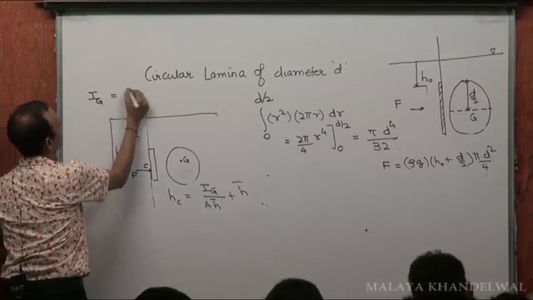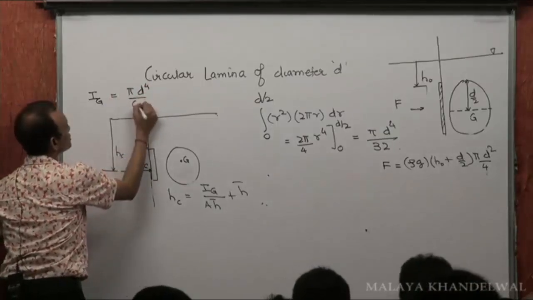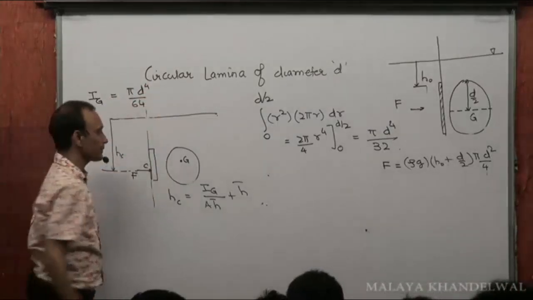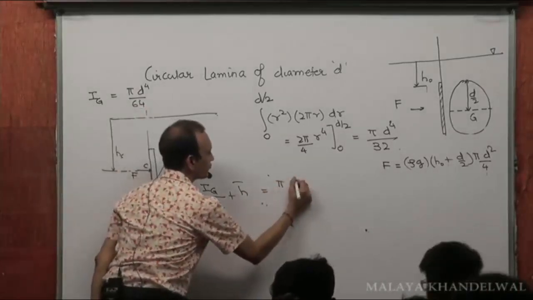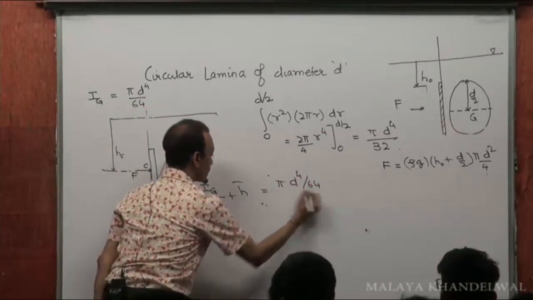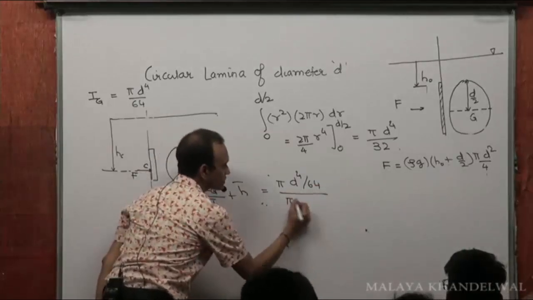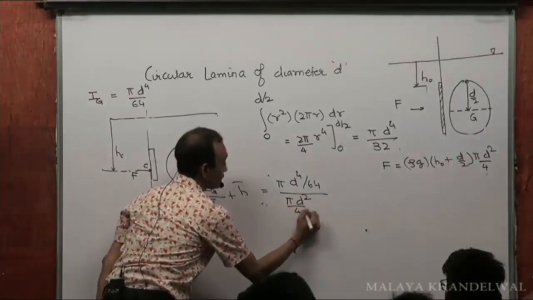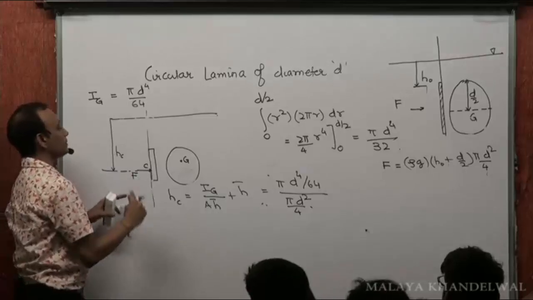I about a diameter is pi d to power 4 by 64, is what we computed, right? So this is pi d to power 4 by 64 divided by area A, which is pi d squared by 4, into h bar. What is h bar?